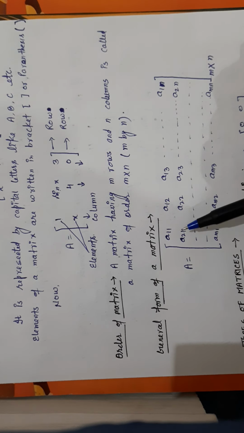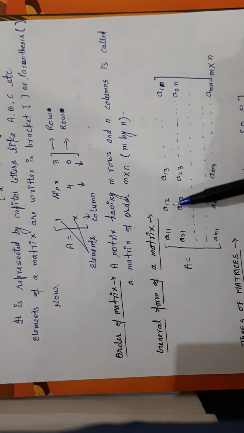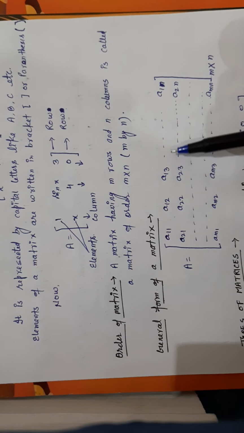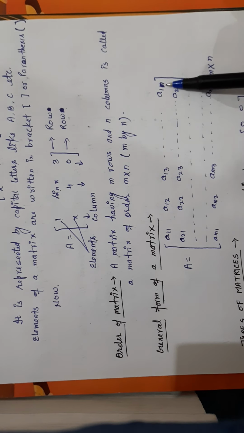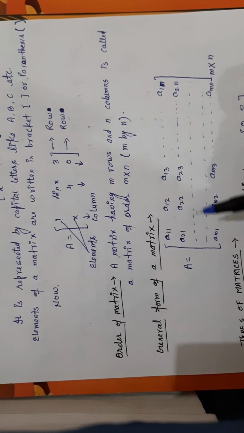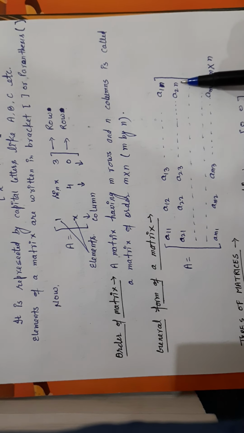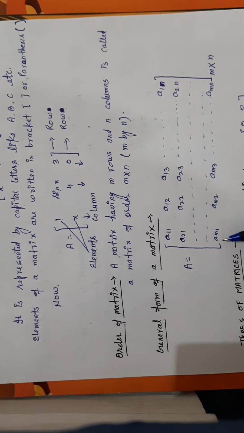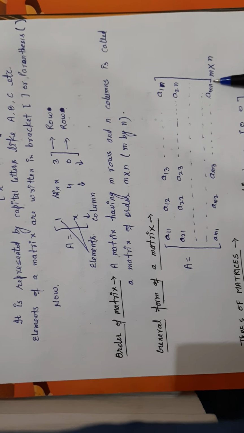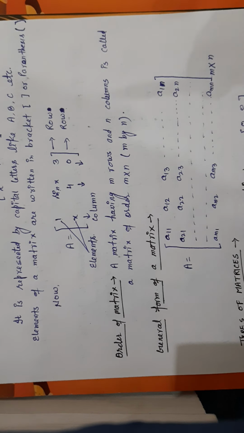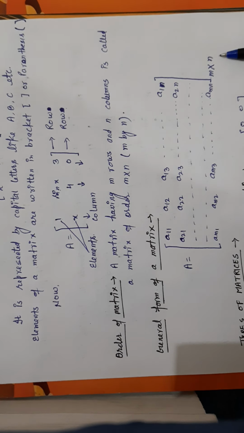general form will be a11, a12, a13 and so on up to a1n, a21, a22, a23 and so on up to a2n and so on up to am1, am2, am3 up to amn. This matrix has m rows and n columns.